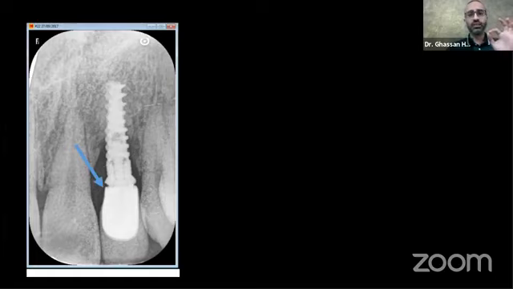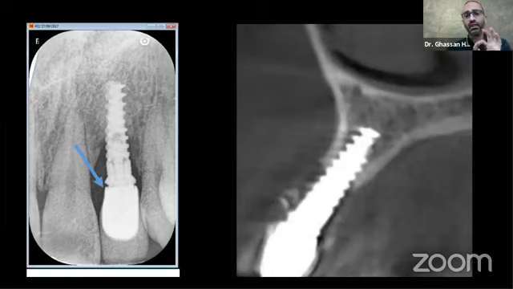The real story is we don't have any bone, or only 1/3 of the implant is in bone. We've lost the buccal bone and the palatal bone. Just 1/3 of the implant is inside the bone. If we notice here, we have excess cement, which is the cause of peri-implantitis in this case.